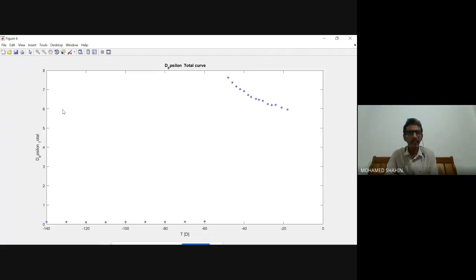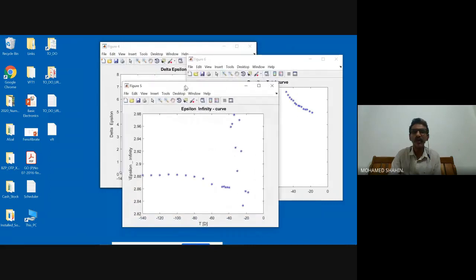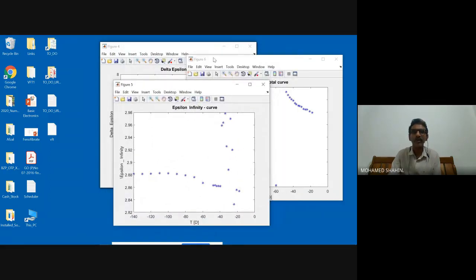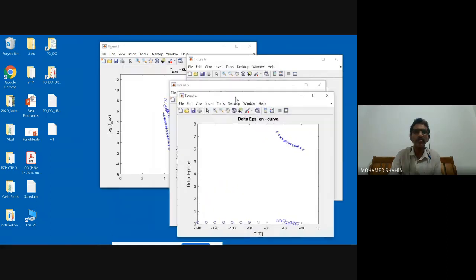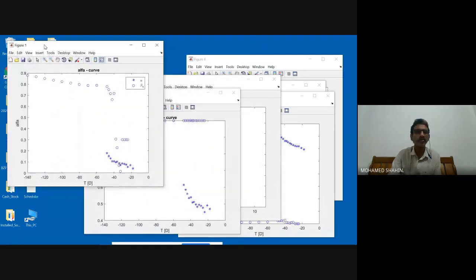Now a lot of windows are getting popped up. Almost 6 figures. You can see figure number 6, figure number 4, 5, 3, 2, 1. Now figure 1 is nothing but the parameter alpha.